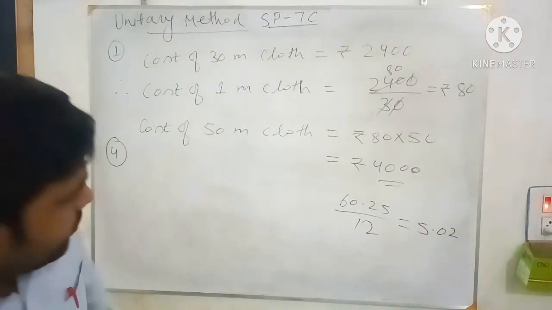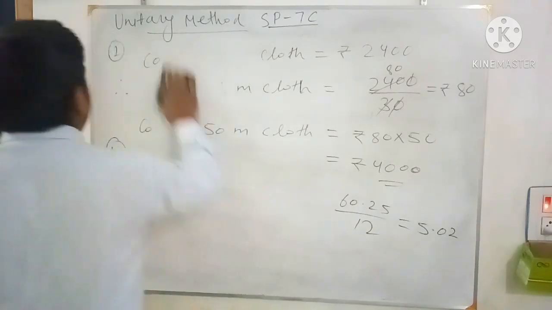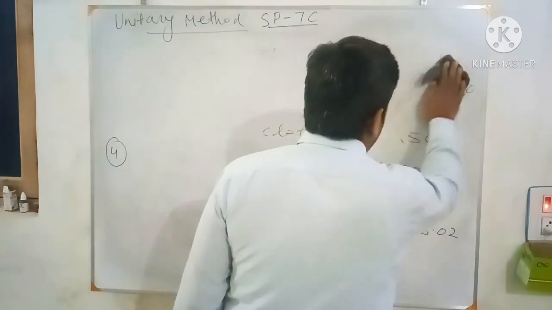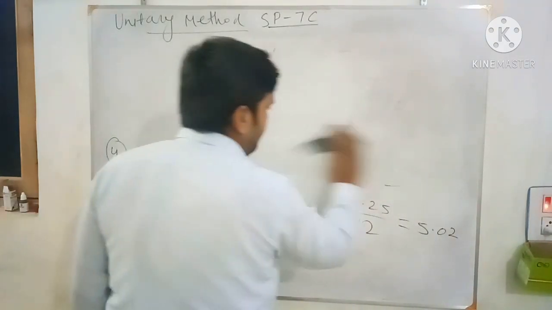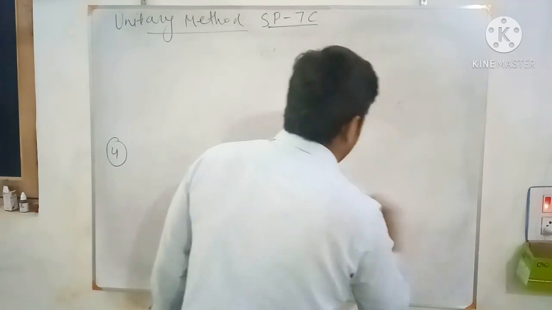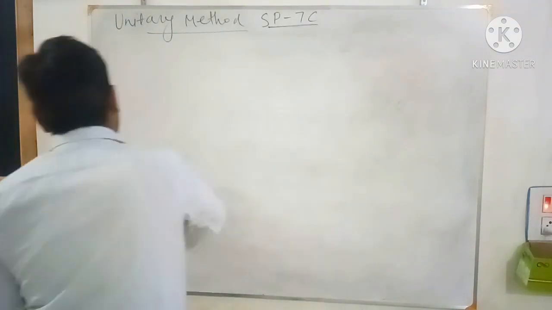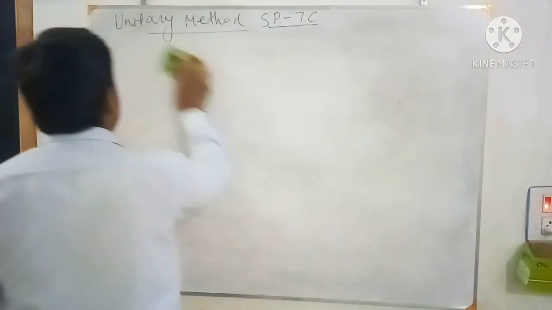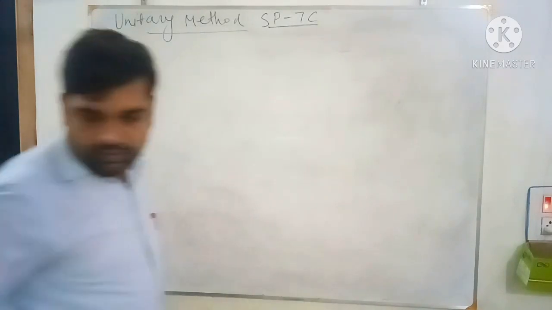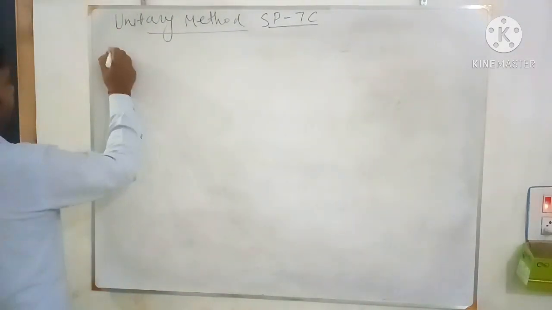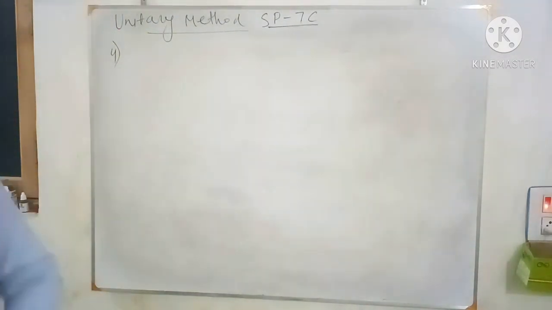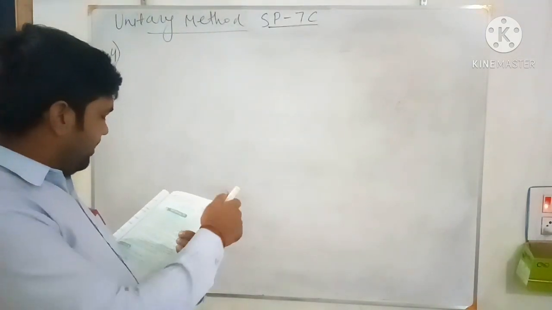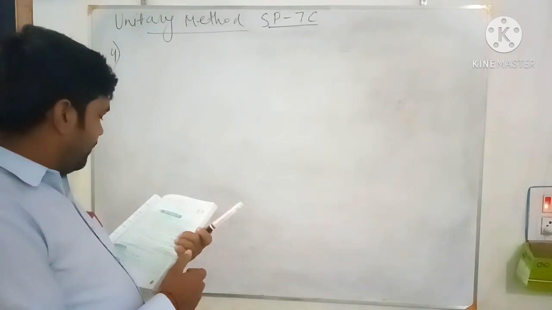Now see question number 4. In question number 4, if the wage of 15 men for 8 days is given as 60,000, how much would they receive for 14 days?